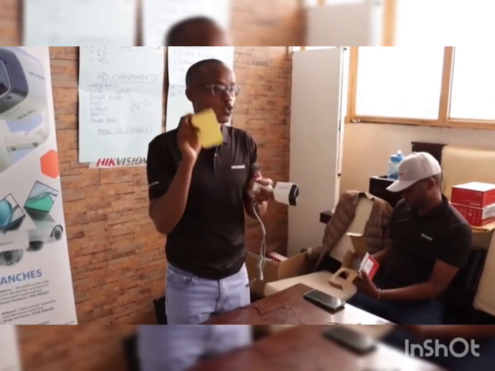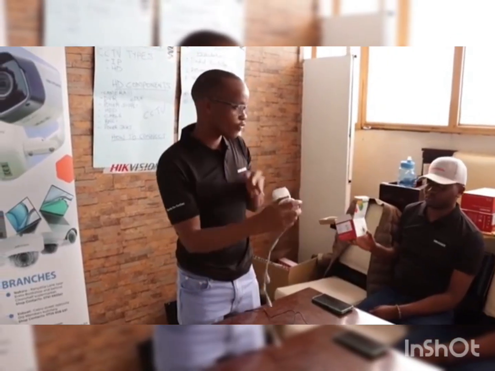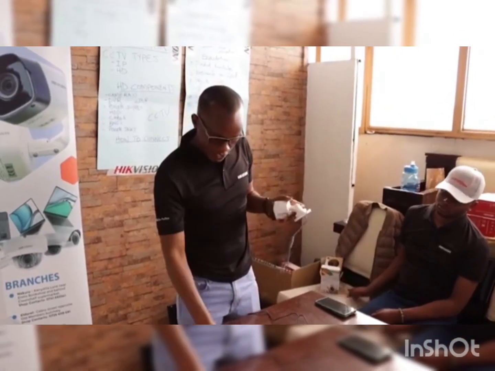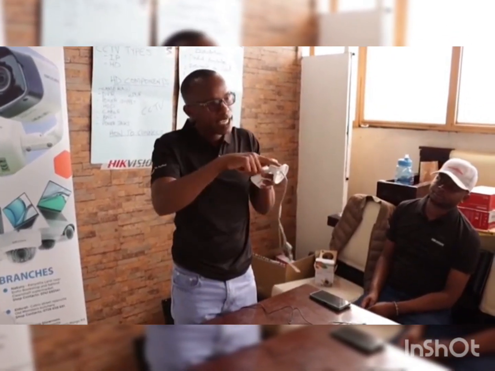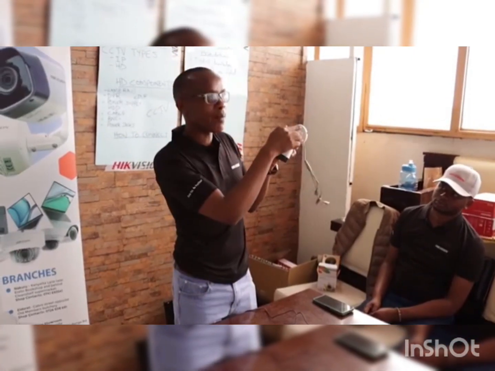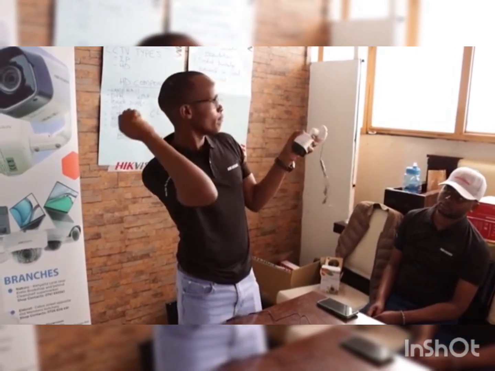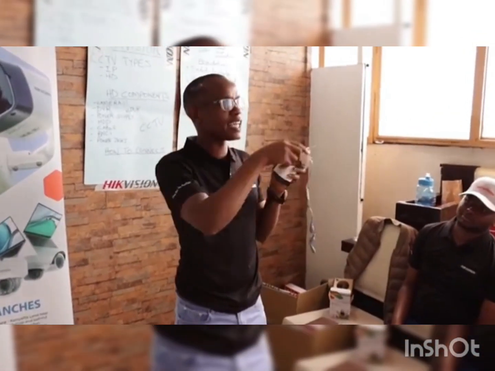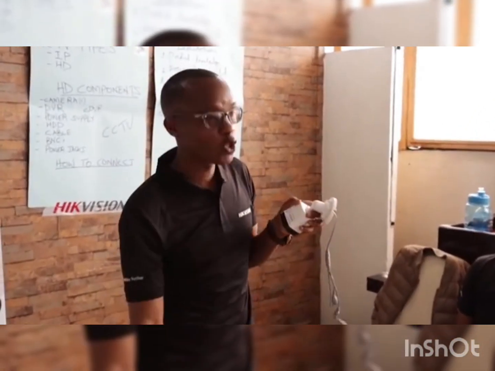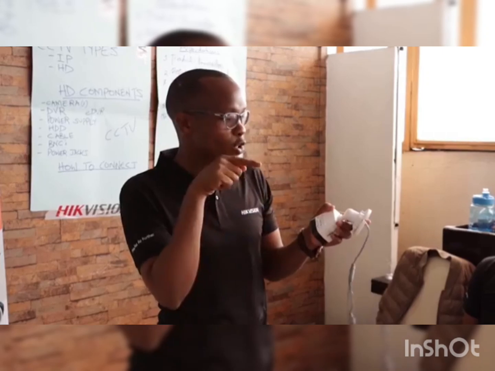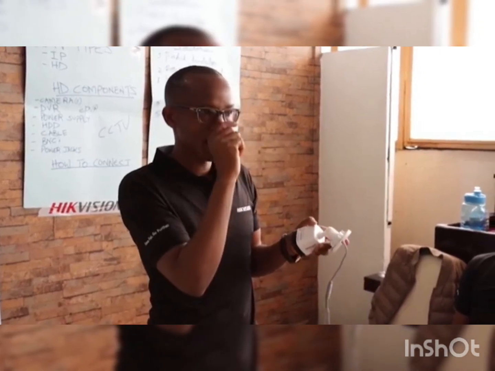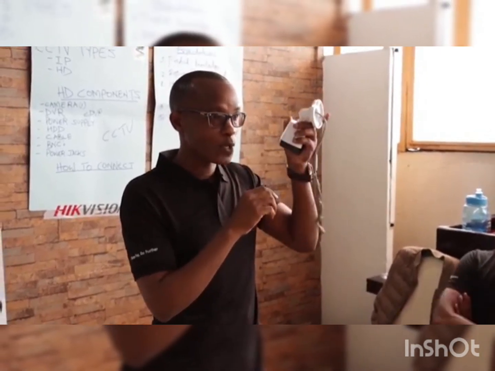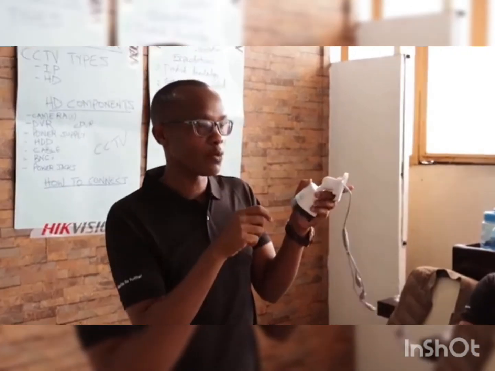When you want to mount a camera, instead of taking the screws and hitting them directly with a hammer, sometimes the wall is hard. Maybe you want to hit it fast with the hammer. There was a time when I was still a learner, I did this with the hammer, trying to hit it, and then you hit the camera.